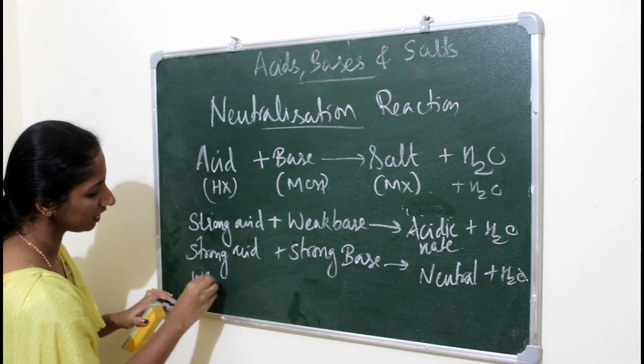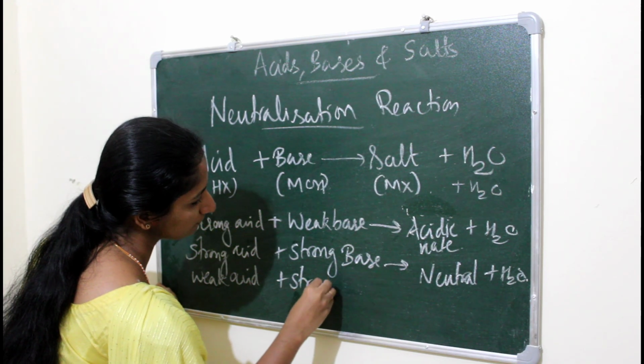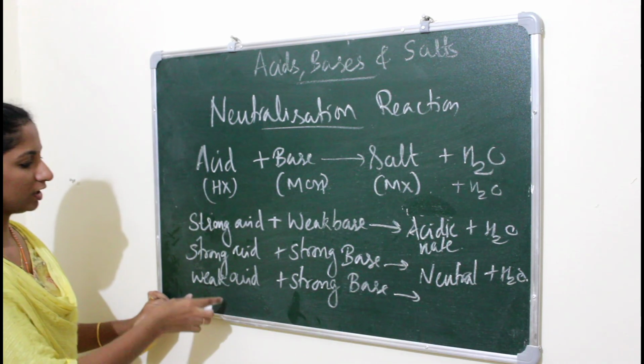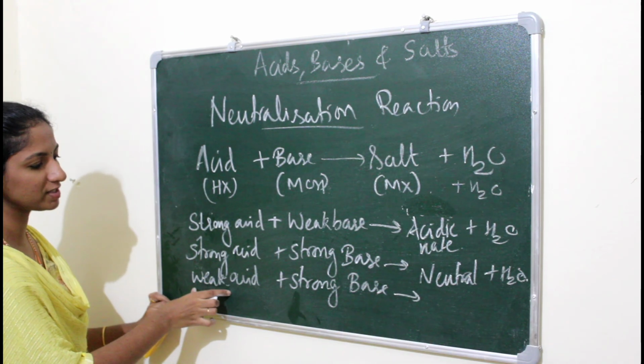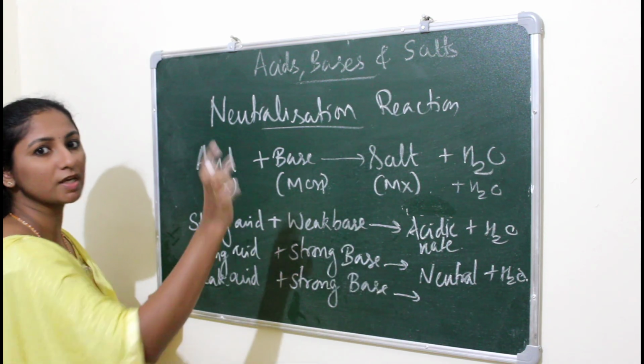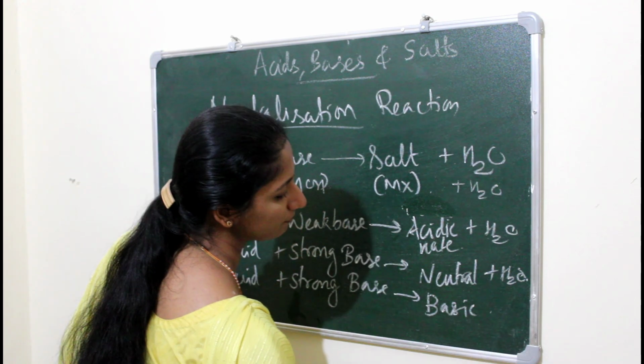So when we are taking weak acid and strong base, what will be the nature of this salt? Because it will have less amount of H plus ion, more amount of OH minus ion. That's why it will show more basic property. Okay, so the salt will have basic nature.